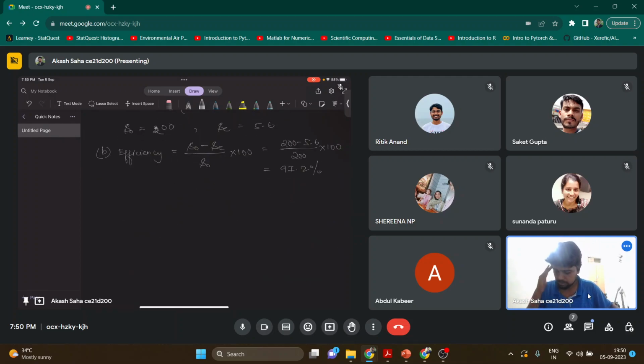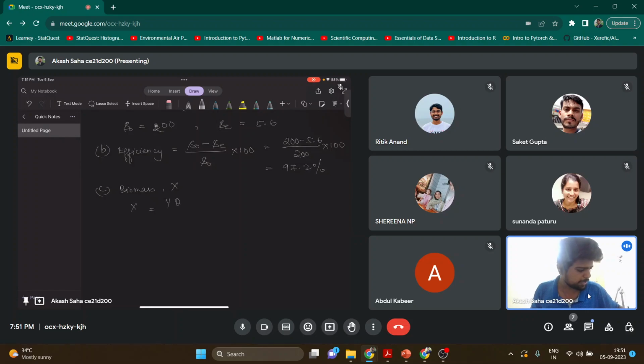Pretty simple. And then again, we have to find the biomass X. We will directly use the formula we have derived before: X is equal to Y into theta C, S naught minus S by 1 plus Kd theta C, into theta. Theta is the HRT. So we have every data.